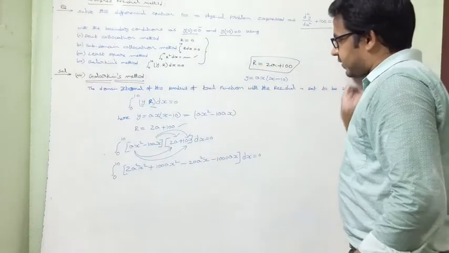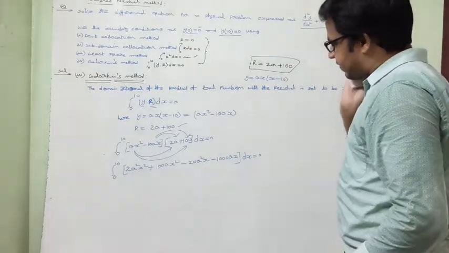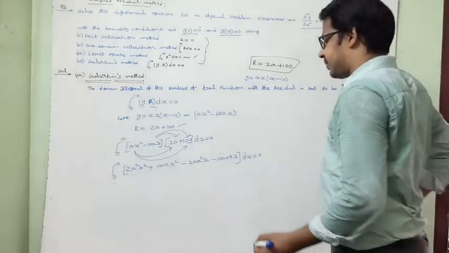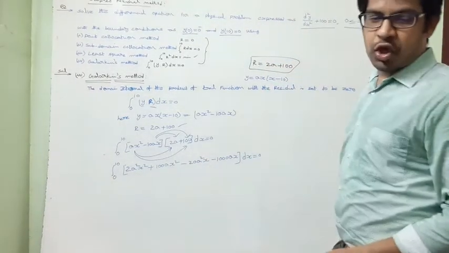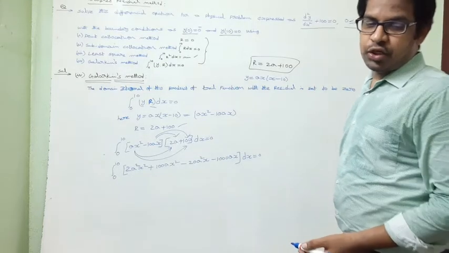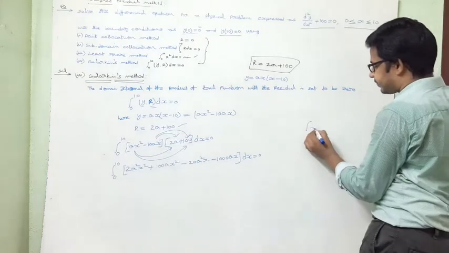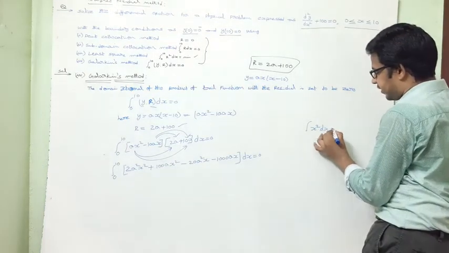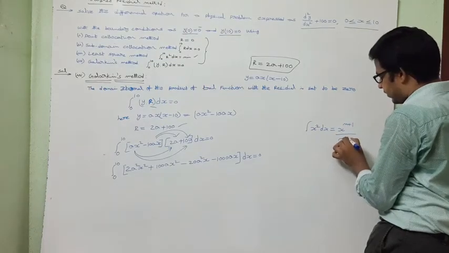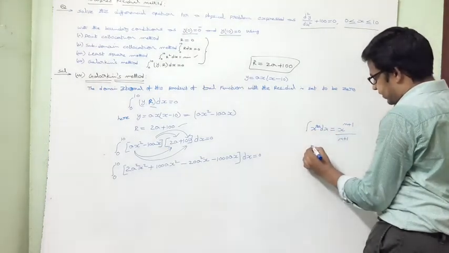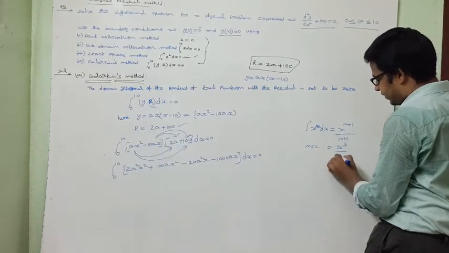So 2a square x square plus 100 ax square minus 20a square x minus 1000 ax, dx is equal to 0. The integral of x square dx is x power n plus 1 by n plus 1. Here n equals 2, that is x cube by 3.